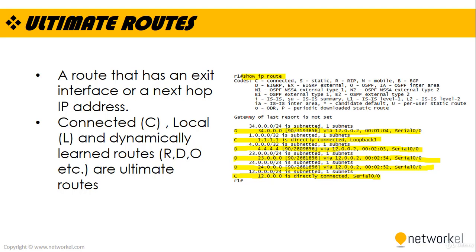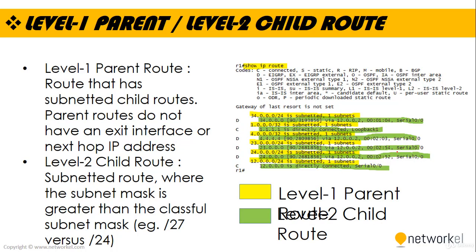Directly connected, dynamically learned, and local routes are the ultimate routes. As you can see in here, to identify an ultimate route, we should see an interface or exit point, however you define it, and that's the thing we should see in ultimate routes.